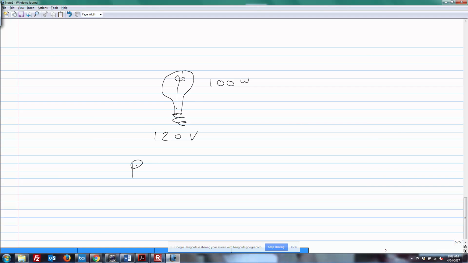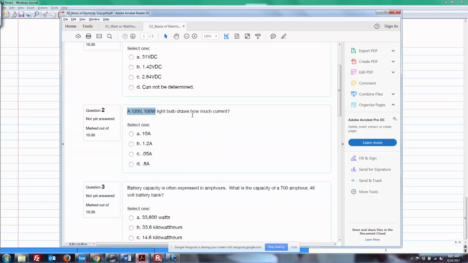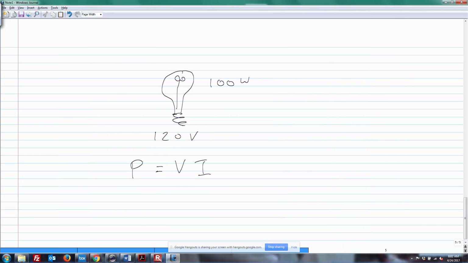So again, power equals voltage times current. And the question wants to know how much current. So we can rewrite this as current equals power divided by voltage equals 100 watts divided by 120 volts.